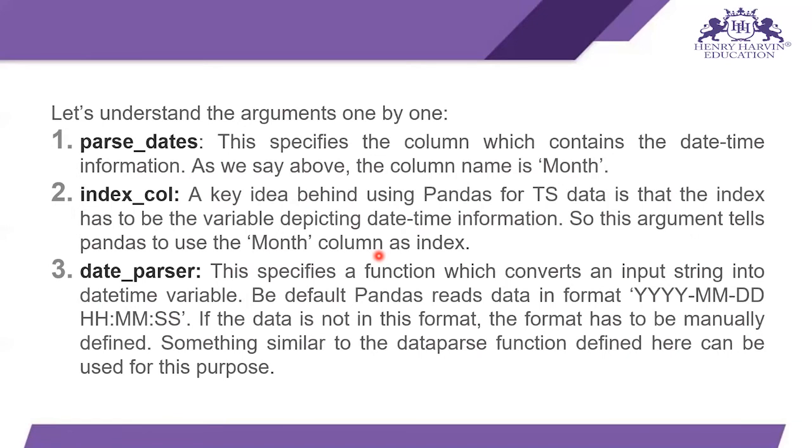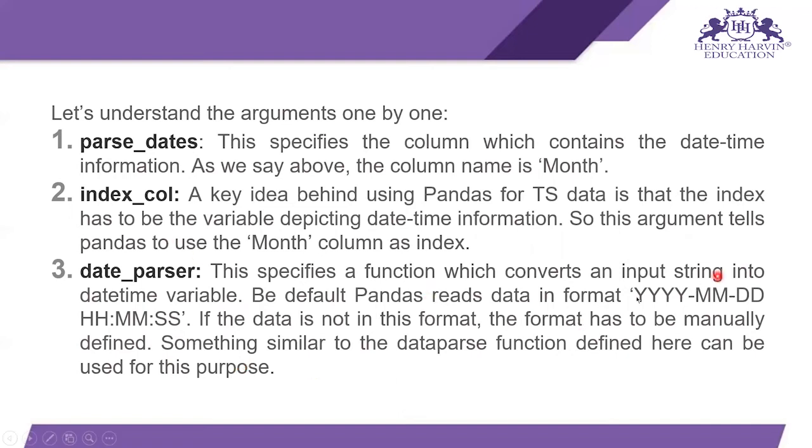Next is date_parser. This specifies a function which converts an input string into a datetime variable. By default, pandas reads data in the format year, month, date, hours, minutes, seconds. If the data is not in this format, the format has to be manually defined. Something similar to the dateparse function defined here can be used for this purpose.